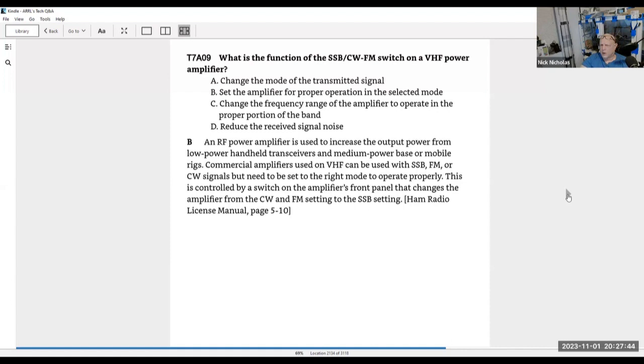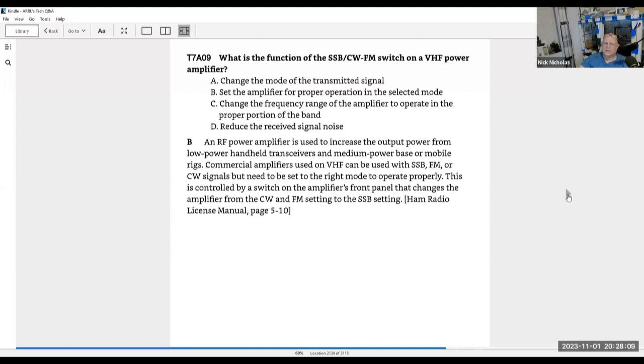And either they have an automatic circuit to do this, or you have to throw a manual switch. If you're using sideband CW, you put it in the sideband CW side. If you're using it on FM, you put it on the FM side. AM would be the same as the sideband CW. And what it does is set the amplifier for the proper operation of the selected mode.